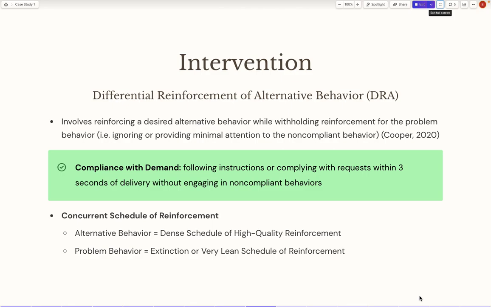So DRA uses a concurrent schedule of reinforcement. That means that the alternative behavior is put on a dense schedule of high quality reinforcement at the same time that the problem behavior is put on extinction, or a very lean schedule of reinforcement.